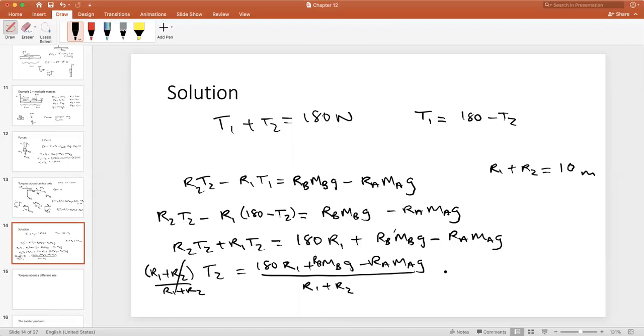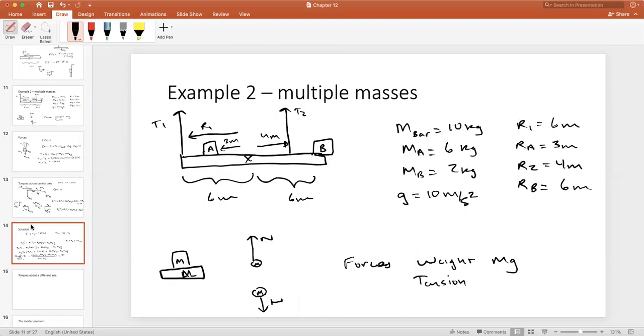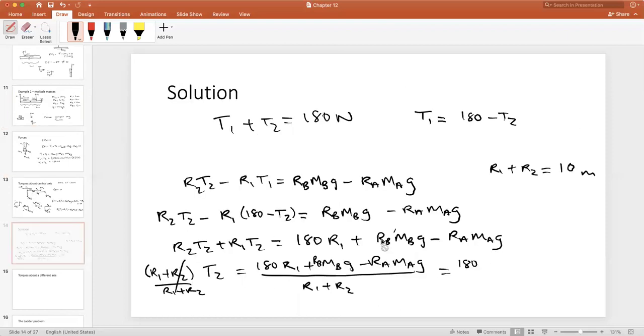So we get 180 times R1, which was 6, plus RB, sorry, that wasn't RB.